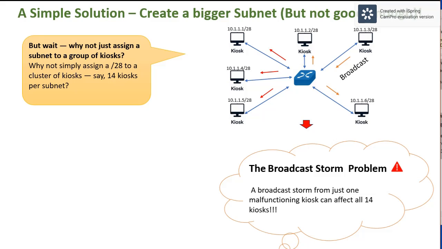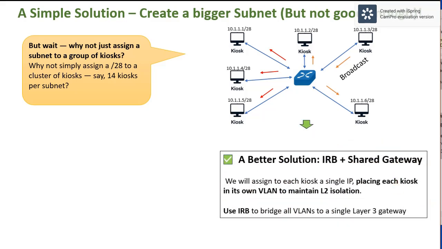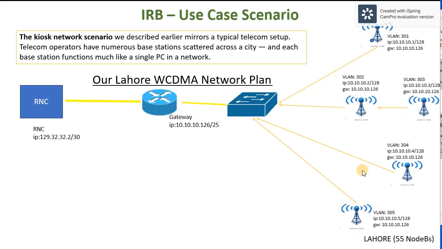This is the downside of layer 2. Everyone shares the same broadcast domain. This is where IRB helps. It lets you combine routing and bridging to build a scalable, IP efficient solution, especially when connecting many single user devices that don't need separate subnets.